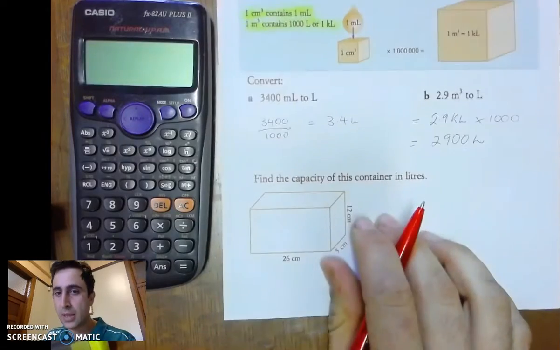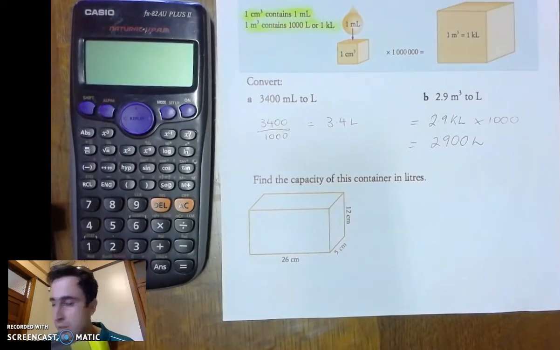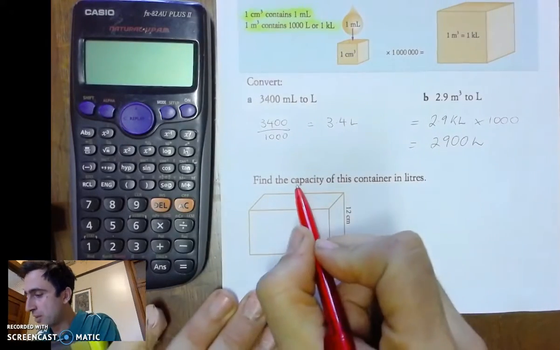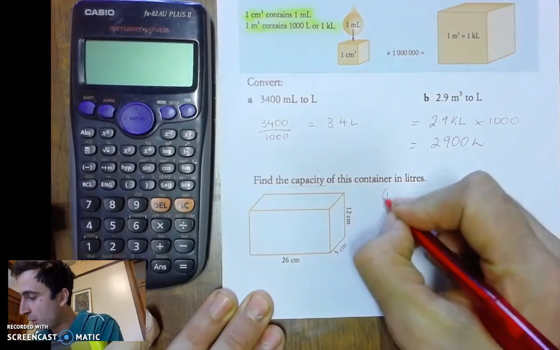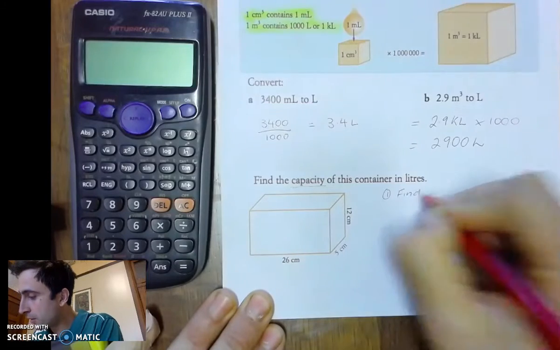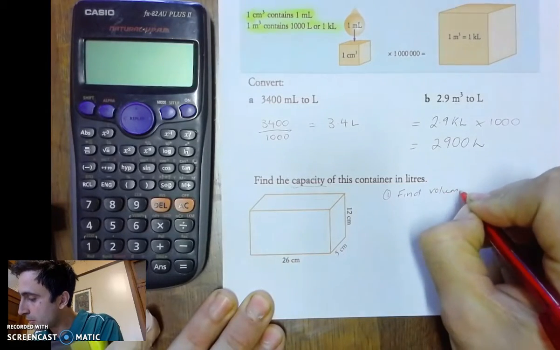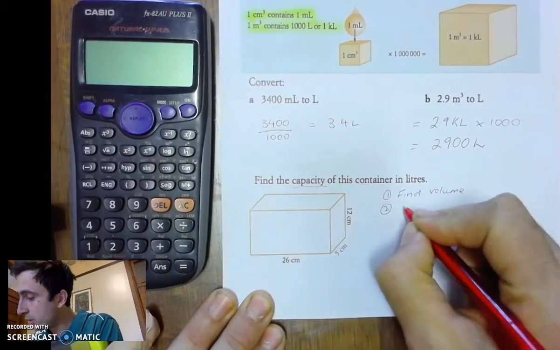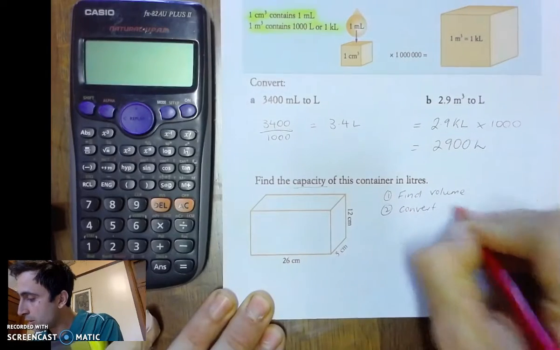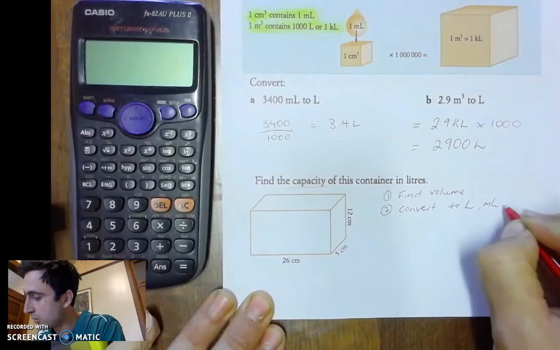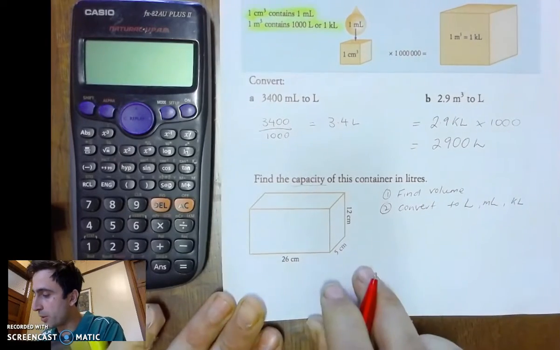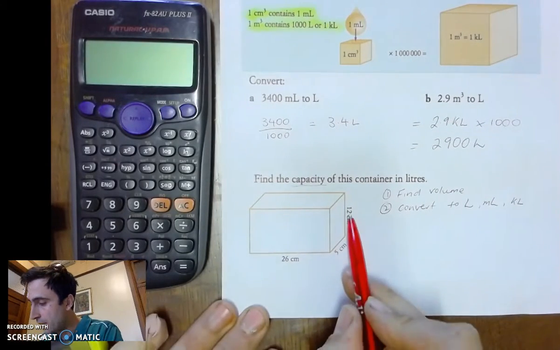Easy. Now let's do a simple question, and this is very important. It doesn't say find the volume, it says find the capacity. But in order to find the capacity, one, we need to find the volume, and then two, we need to convert to litres or millilitres or kilolitres and so forth. So here, let's first find the volume.